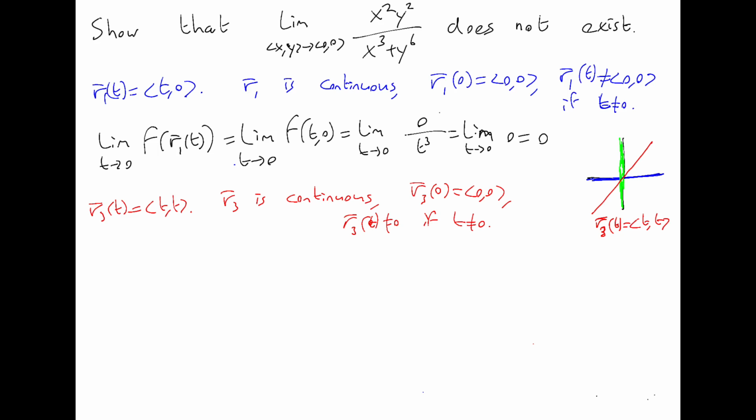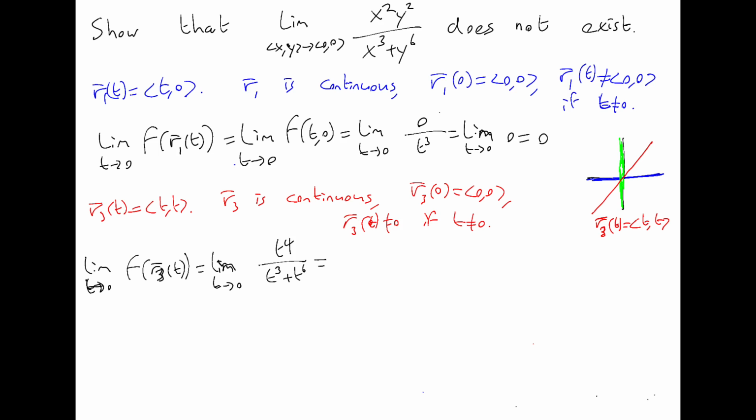And now let's compute the limit for t to 0 of f of R3 of t. We'll skip a step here. So I have to plug in t for both x and y. So what I get is t to the 4th over t to the 3rd plus t to the 6th.